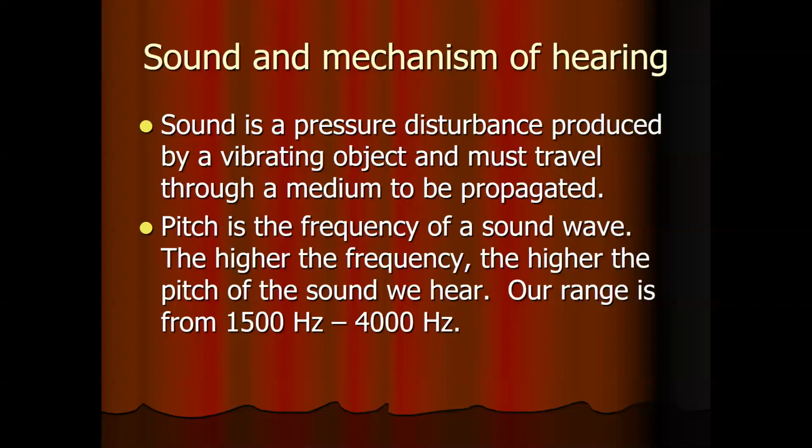We already talked about the hair cells that move up and down and strike the tectorial membrane and depolarize, and then send that signal back to your brain as sound. So the object that's producing the sound has to be vibrating. My vocal cords, for example, are vibrating, and it must travel through a medium. So it has to travel through air.